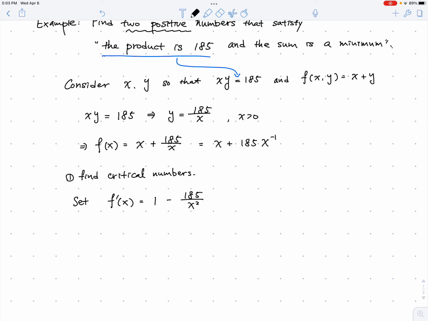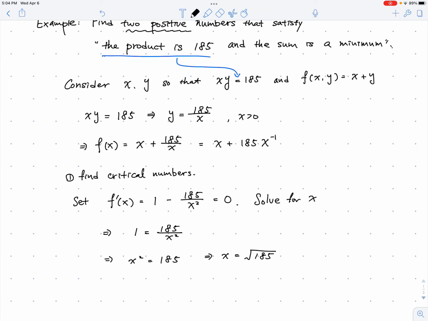All right, so now you have this f prime, and set this f prime being 0, solve for x. So by manipulating this equation, we have 1 equals 185 over x squared, hence x squared is equal to 185, and from there we want x to be square root of 185.